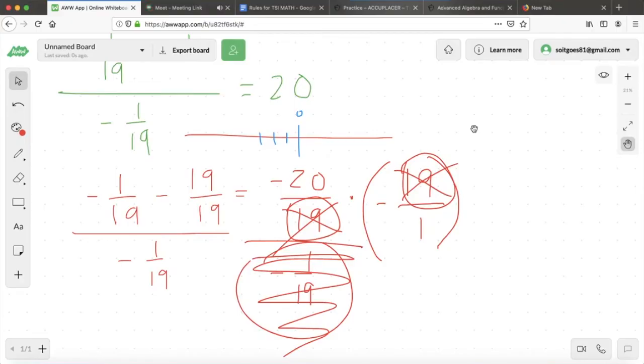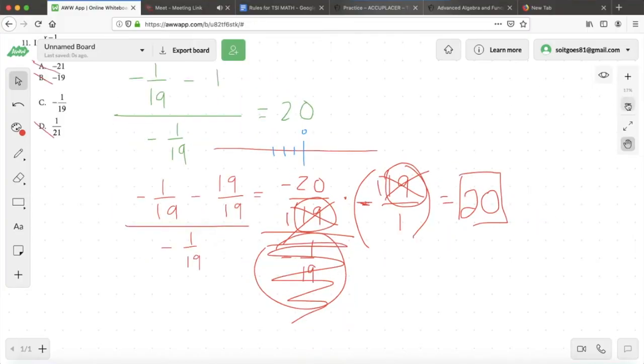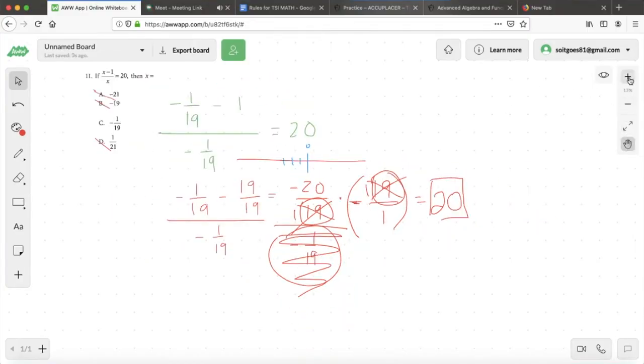Then this is negative 20 over 1, and 1 over 1 is just 1. So I've got negative 20 times negative 1, and that's 20. Bingo. That confirms it was answer choice C.